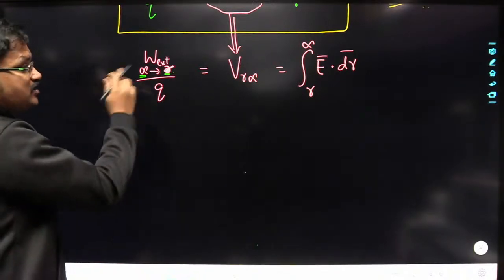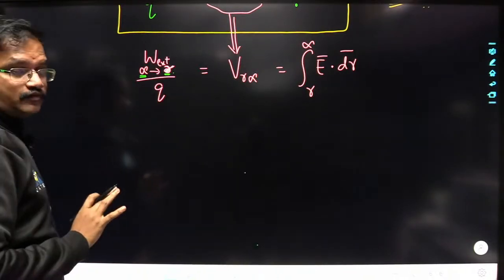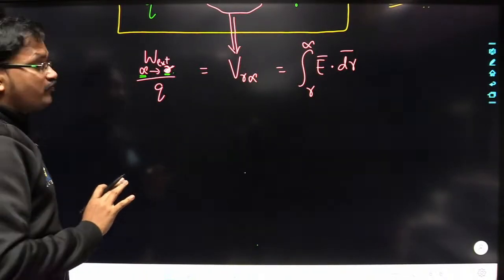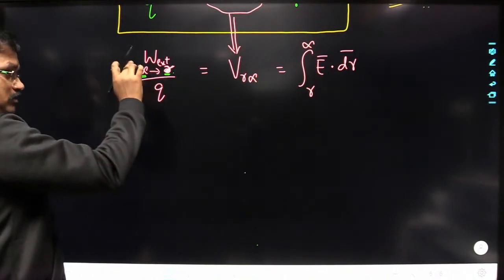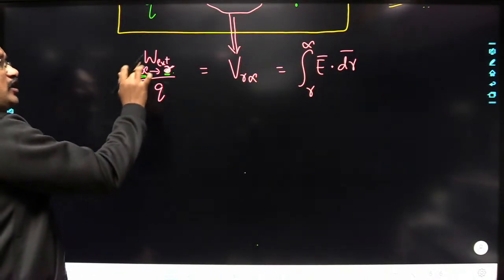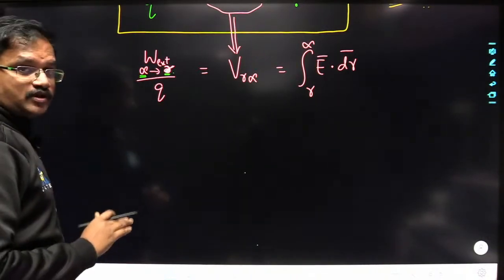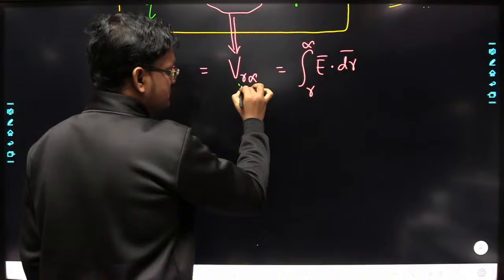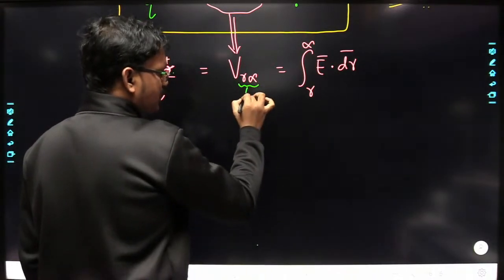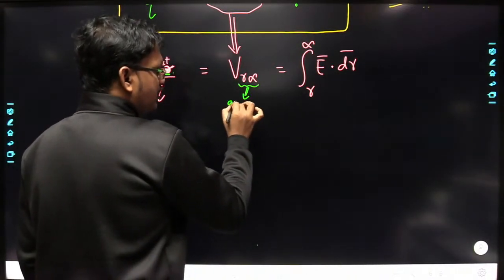You have gained the potential at r with respect to infinity. So whenever you are moving a unit positive charge from infinity to r, you have gained the potential at r with respect to what? With respect to infinity.